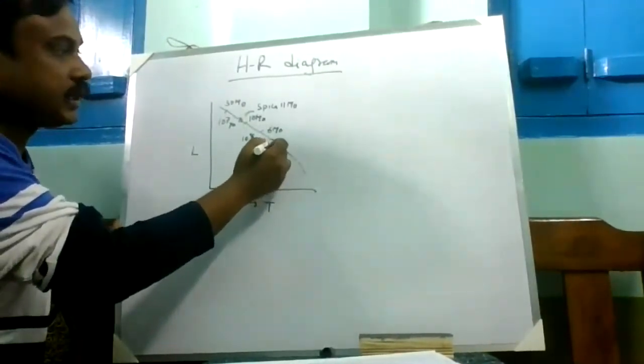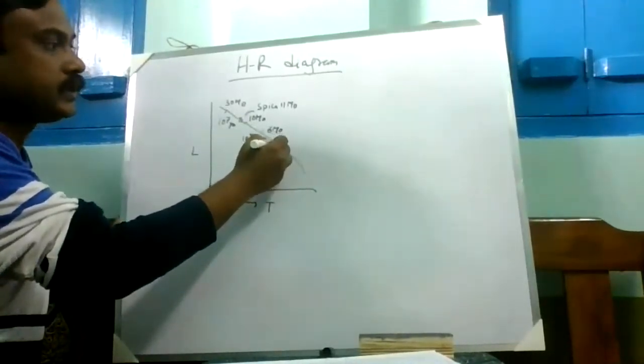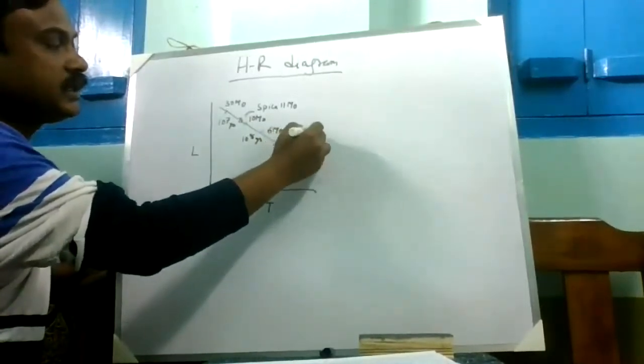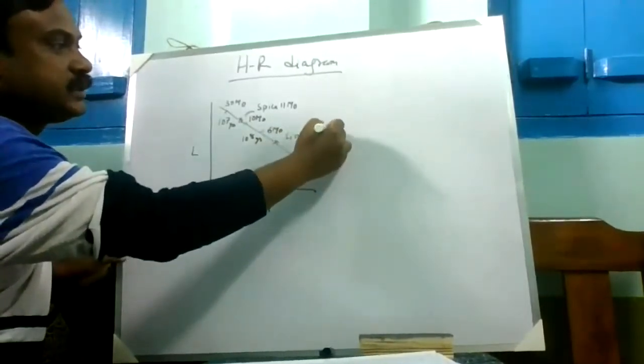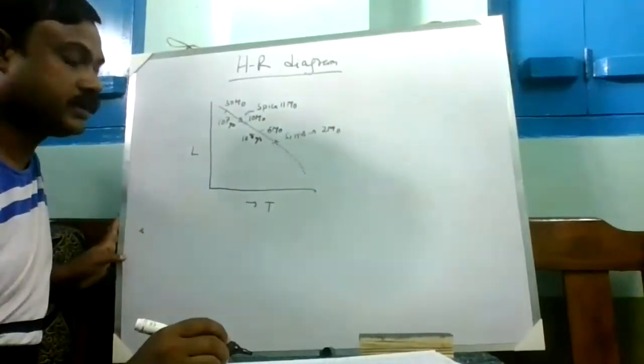Then there is a star, say this is 2M. Below, there is the star Sirius A, the brightest star, which is twice M0. The mass of Sirius is twice the mass of the sun.